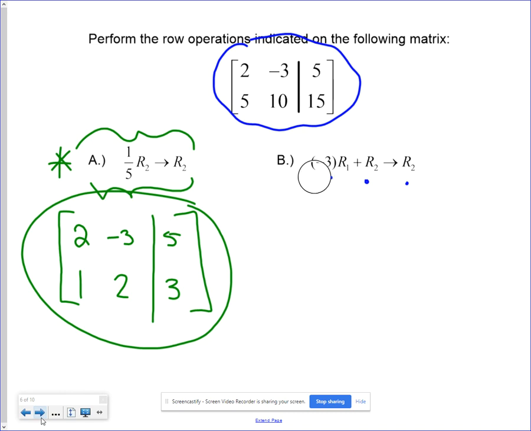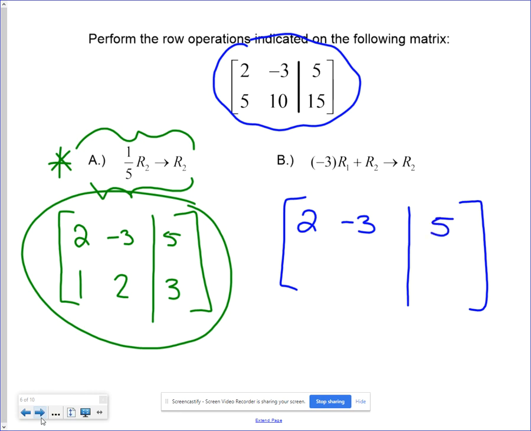So we're replacing row 2. That means row 1 stays the same. So I'm going to go ahead and just write row 1 down here. It's not changing. Okay? So what am I going to do now? I'm going to take row 1 and multiply it by -3.